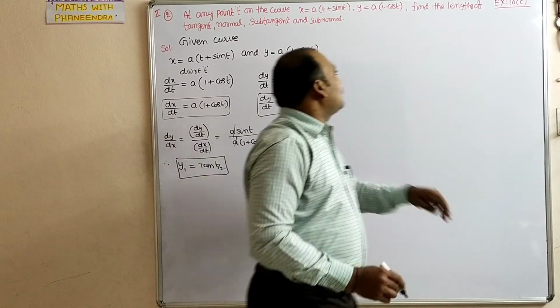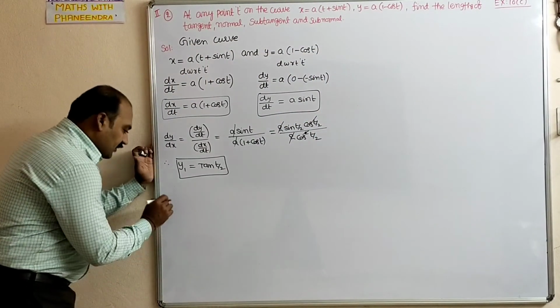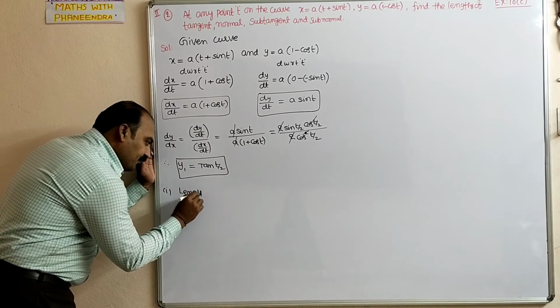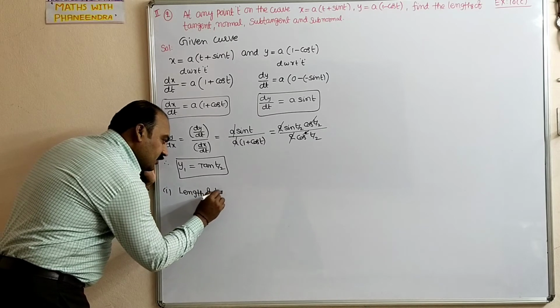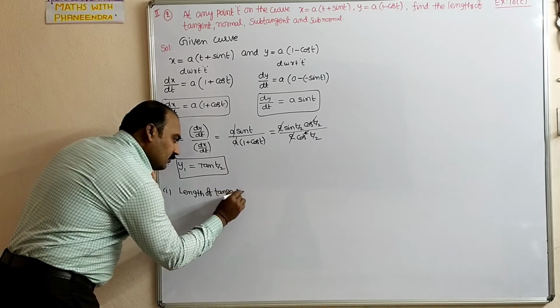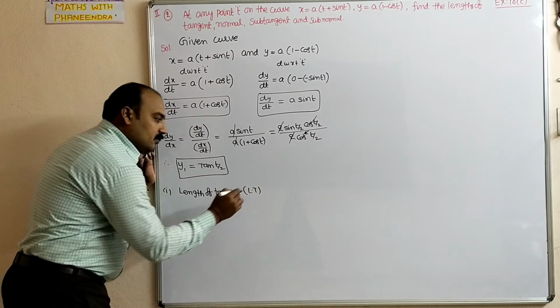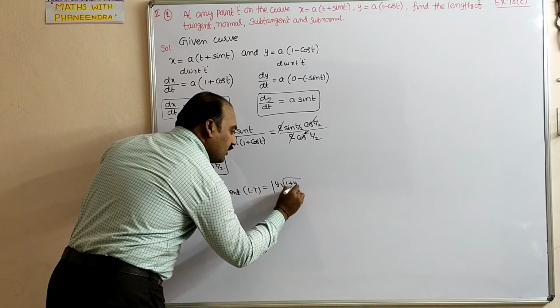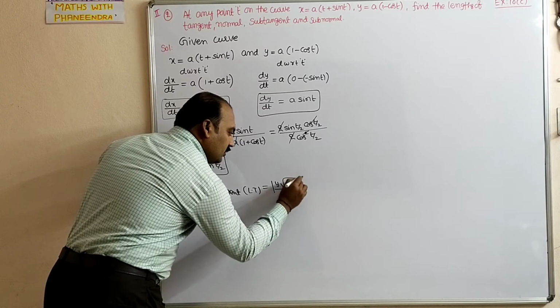After completing the value of y1, one by one we will write that. First one, find the length of tangent. The length of tangent, LT, is mod y into root of 1 plus y1 square divided by y1.